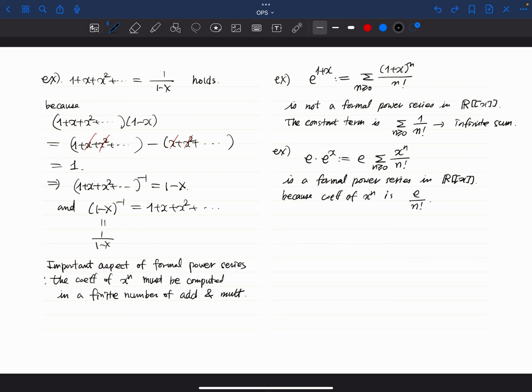Okay, so now we know how to add and multiply two formal power series, but there's another operation.